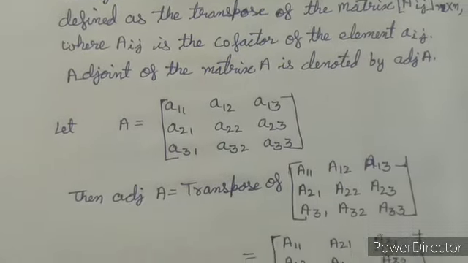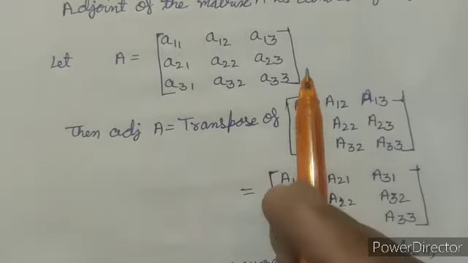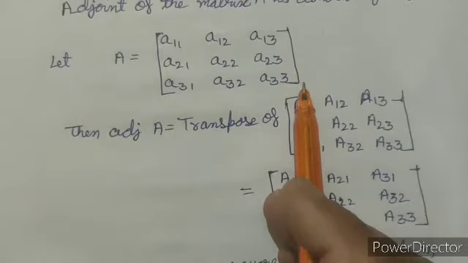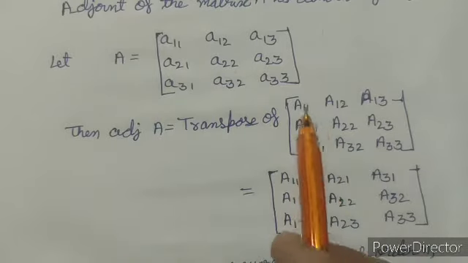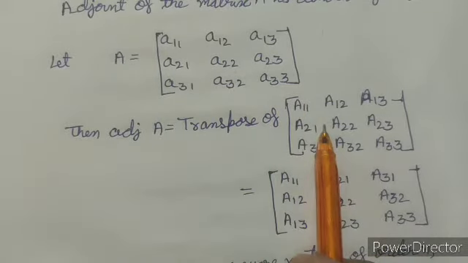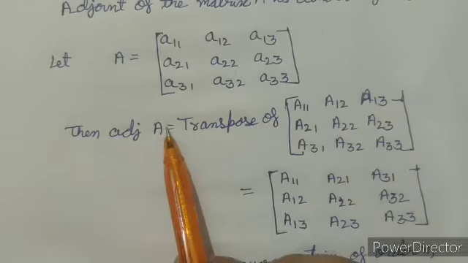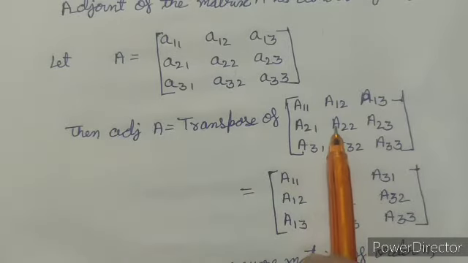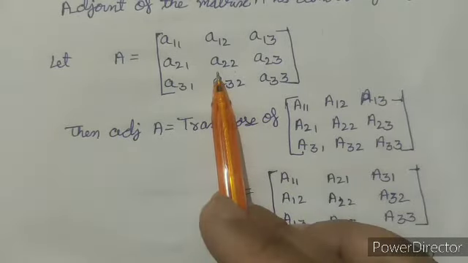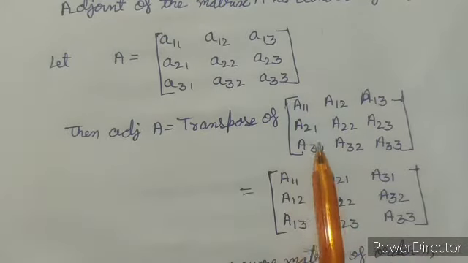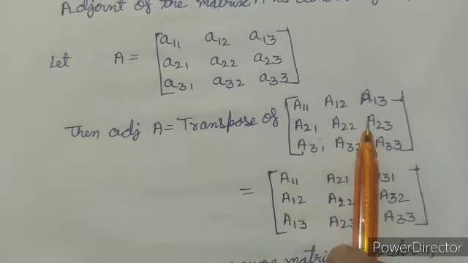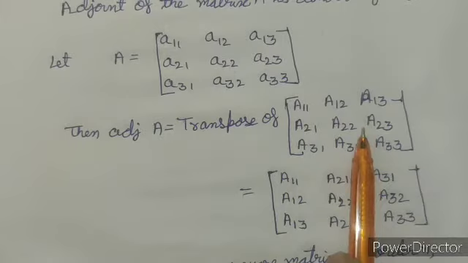Now, suppose there is a matrix A of order 3 by 3. In order to find its adjoint, first of all we will find out the cofactors of the elements, and the adjoint of A will be equal to the transpose of the cofactor matrix of elements of A. As we know, the transpose of a matrix is obtained by interchanging its rows and columns.